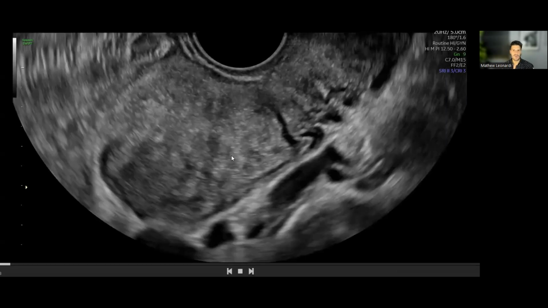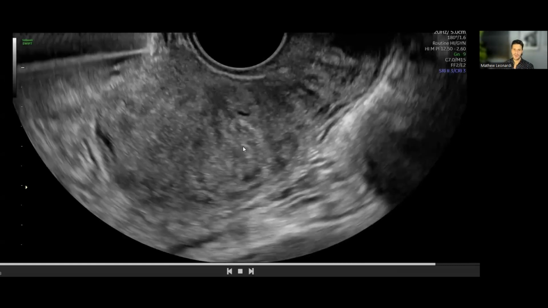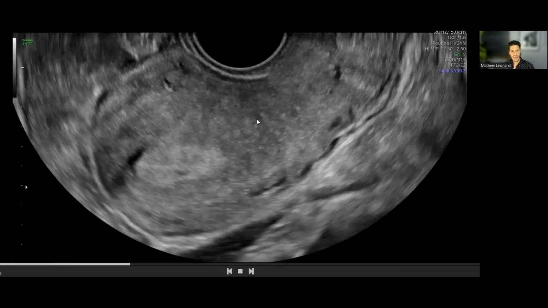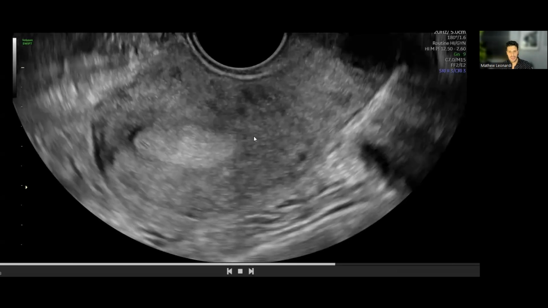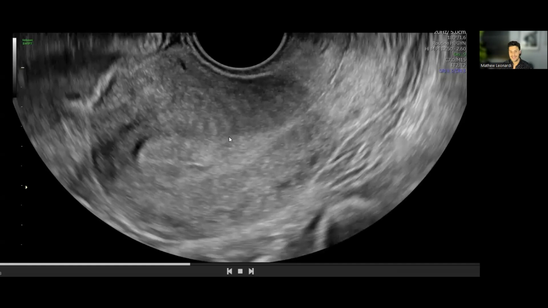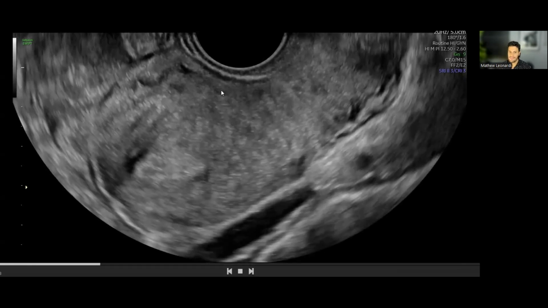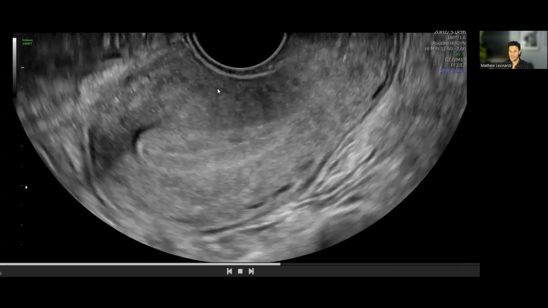Some of these pathologies, we don't fully understand why they arise in the first place. But this patient does have abnormal uterine bleeding, heavy menstrual bleeding, and the polyp can be a good cause for that. As such, this patient should be seen by a gynecologist, if not already, to have the polyp removed.